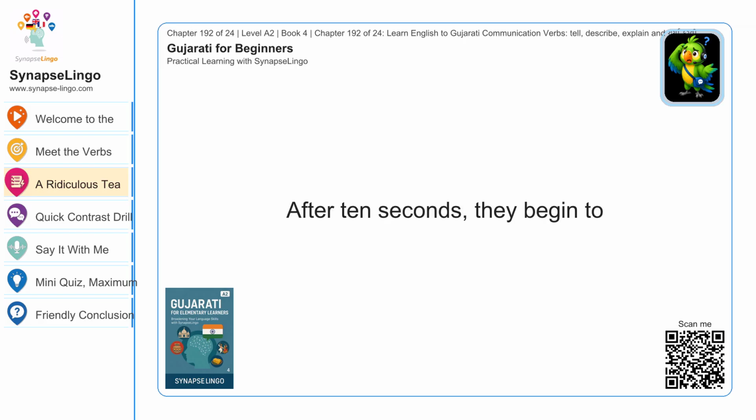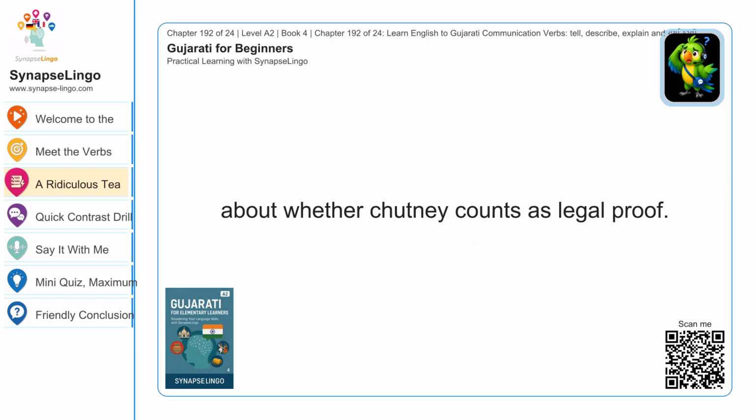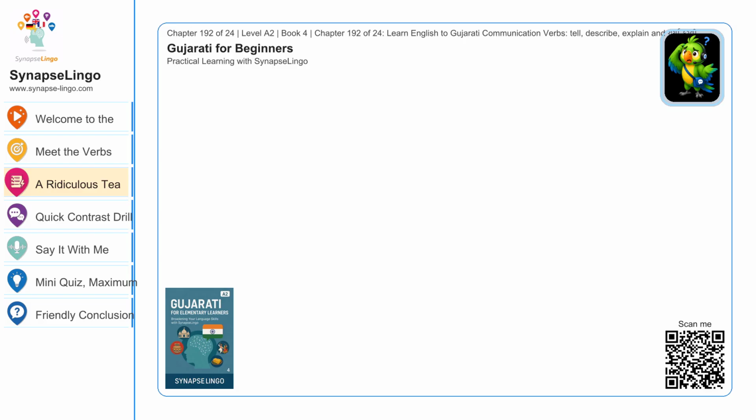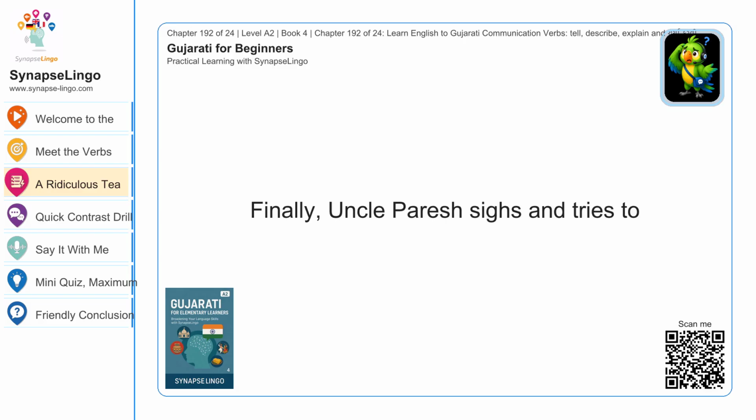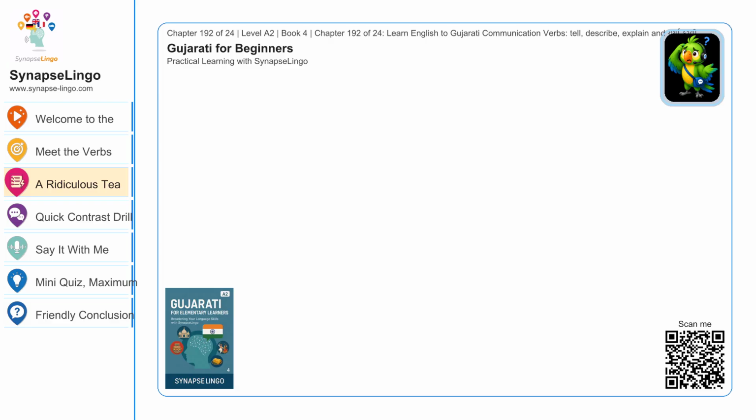After 10 seconds, they begin to દલીલ કરવી about whether chutney counts as legal proof. Finally, Uncle Paresh sighs and tries to વાજબી ઠેરવવું eating 6 samosas by saying, I was protecting them from getting cold. Case closed. The thief was hungry. Also, maybe slightly brilliant.